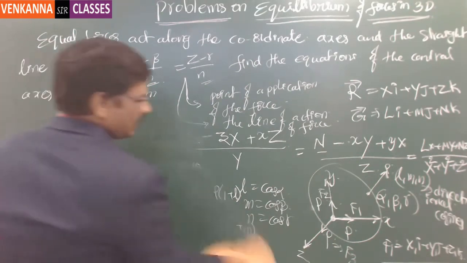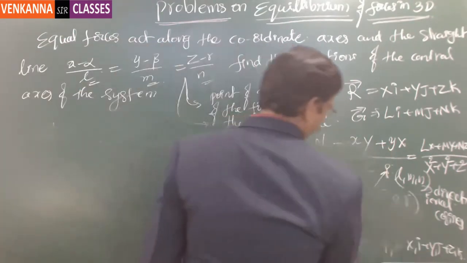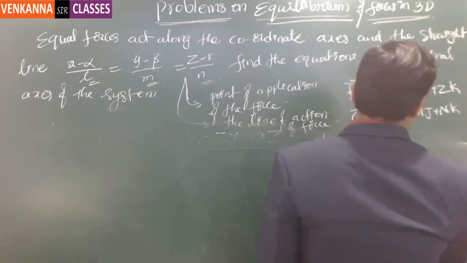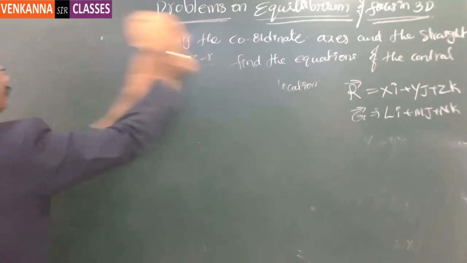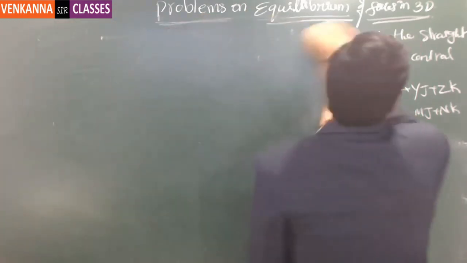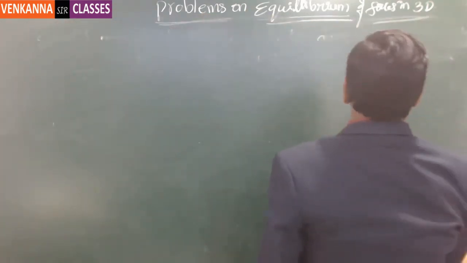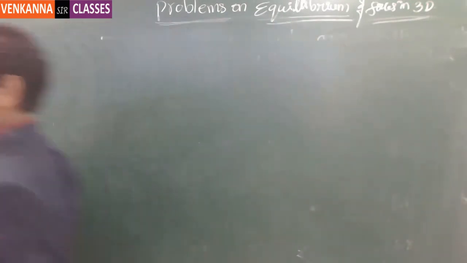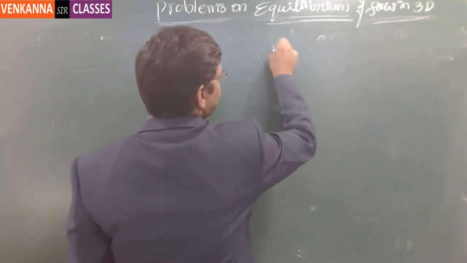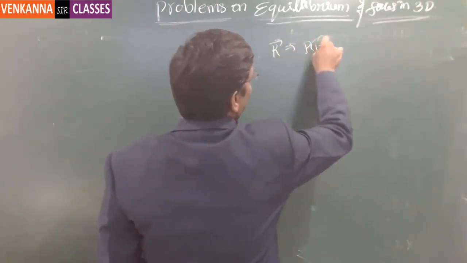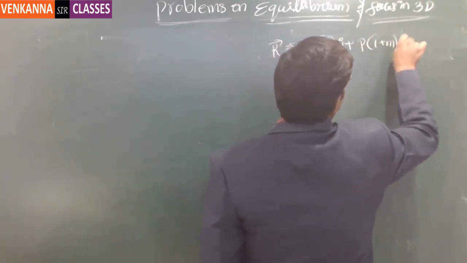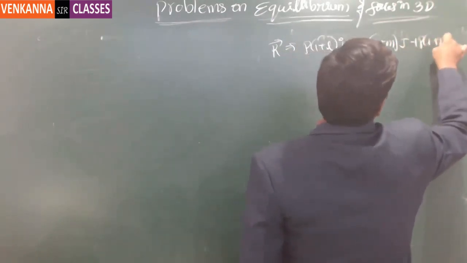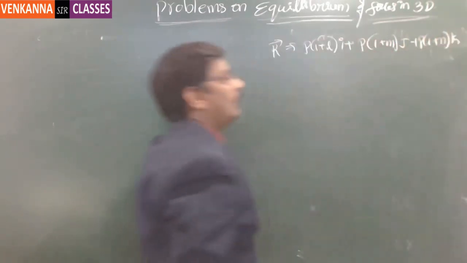Now actually, it is time to calculate the G value, because we have already got the value of R. So R is equal to P into 1 plus L into I plus P into 1 plus M into J plus P into 1 plus N into K. So this is the R value.